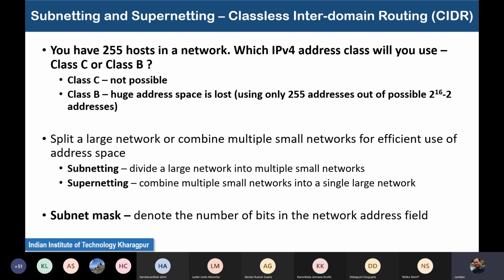Okay, so what is this classless interdomain routing? In classless interdomain routing, we use the concept of IP addresses where we do not need any classes. Now, from this point of time, many interesting designs happened in the network.